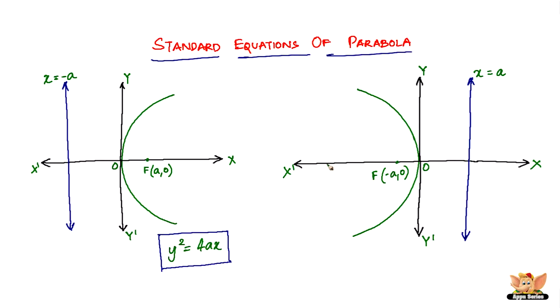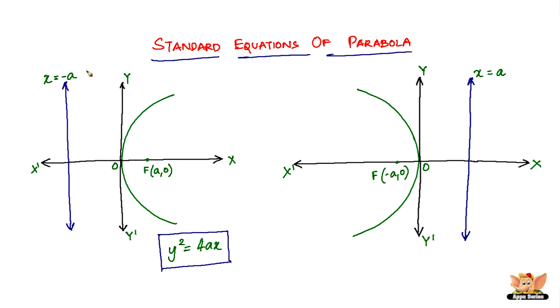The horizontal black line is the x-axis and the vertical line is the y-axis. We also have the fixed line called the directrix. Earlier its equation was x equals a, because it lay in the positive direction of the x-axis. In this case, it lies in the negative direction of the x-axis, and therefore it is x equals negative a.